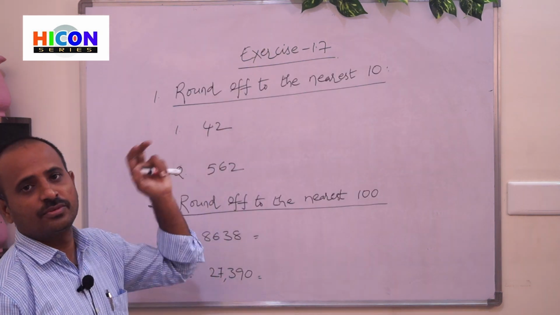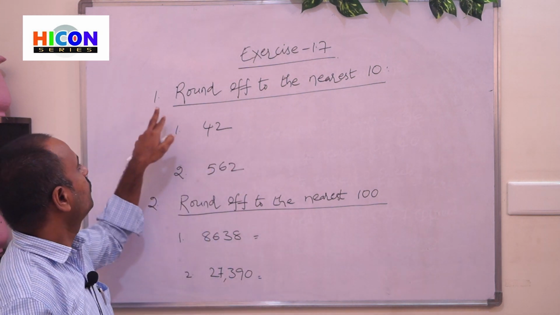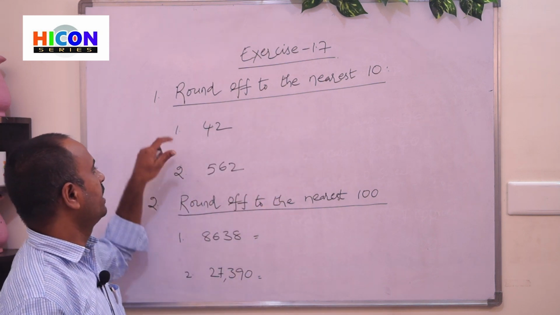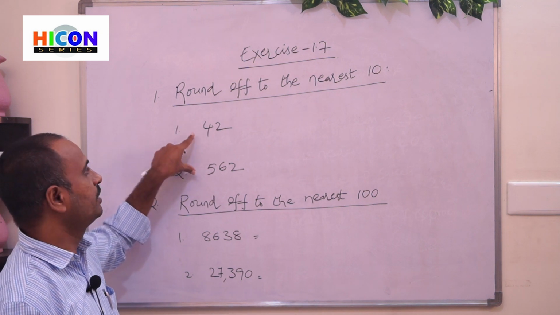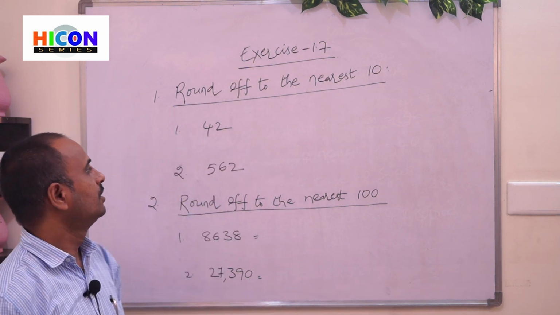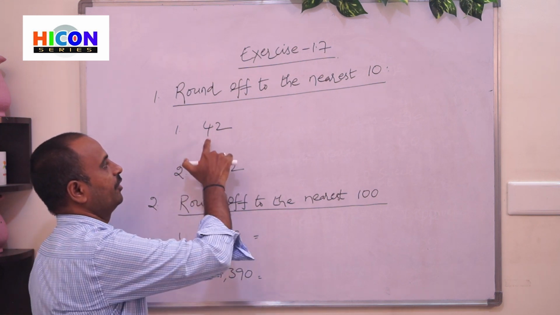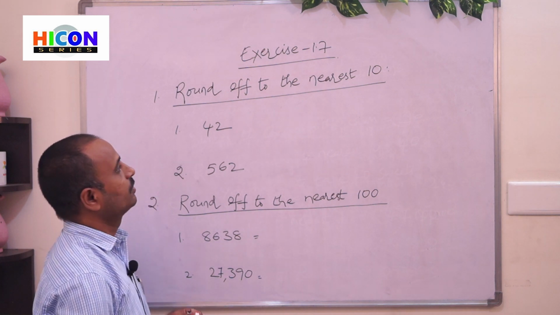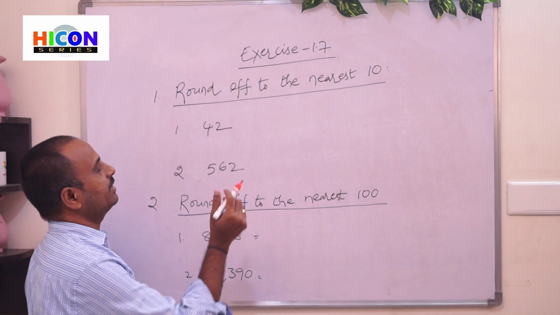Exercise 1.7. Let us practice some problems on rounding off. The first problem is: round off to the nearest 10. Some numbers are given, and we have to round them off to the nearest tens. The first number is 42. To round it to the nearest 10, first identify the digit present in the tens place.